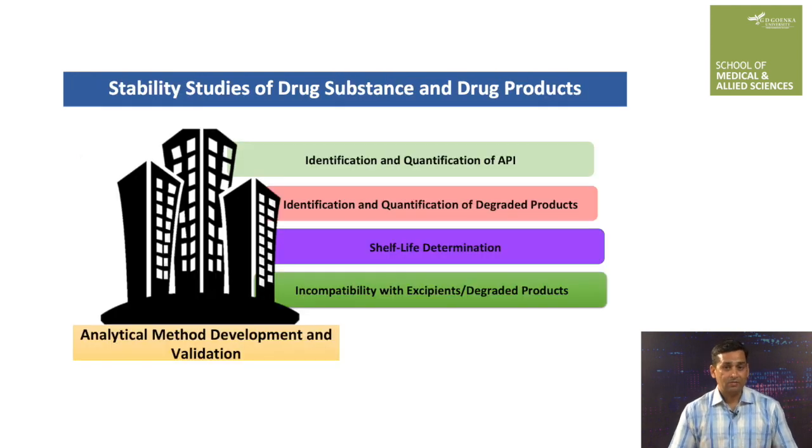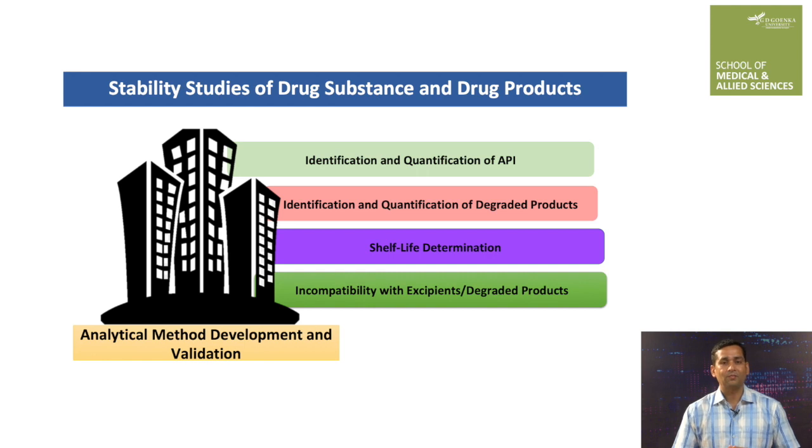As we know, stability studies of drug substances and drug products are the heart of ICH guidelines. Here, I would like to emphasize that stability studies cannot be performed at all without analytical techniques, or in other words, we can say that data for stability studies cannot be generated for NDA application without analytical methods.